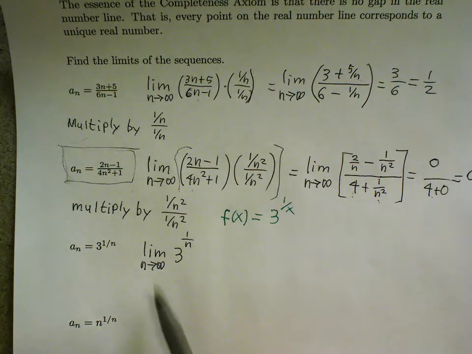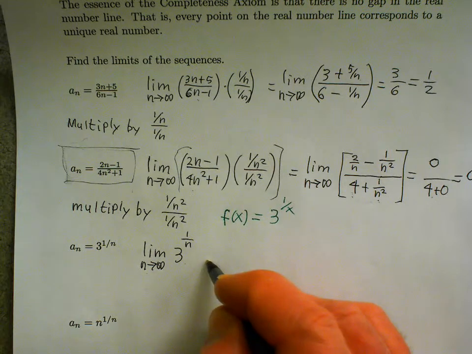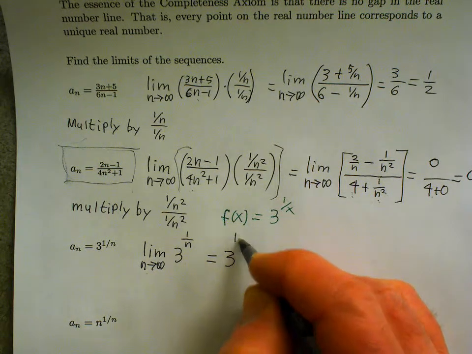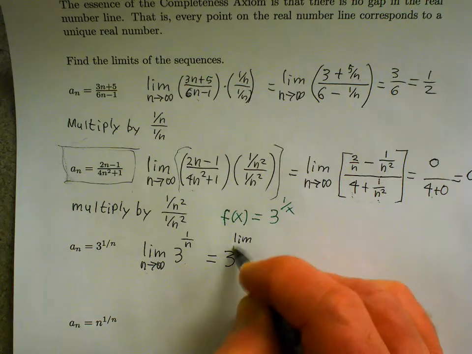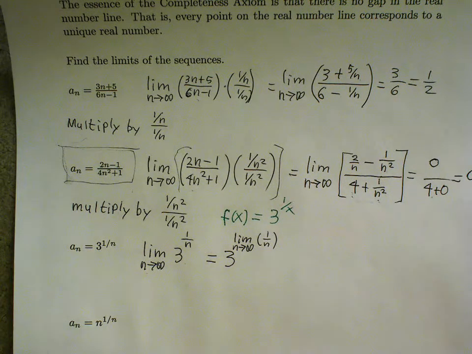But let's just do this directly. If we have the limit of 3 to the 1 over n as n approaches infinity, then this is equal to 3 raised to the limit of 1 over n as n approaches infinity.